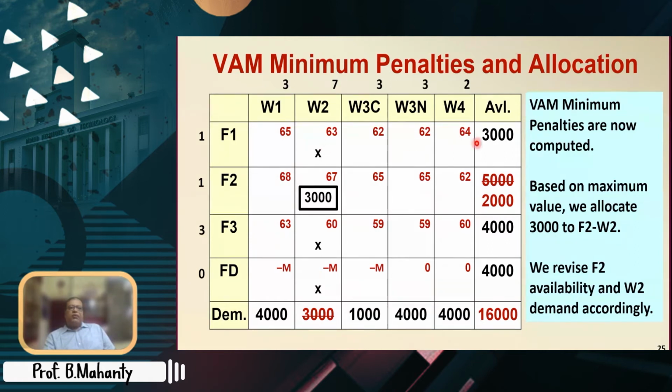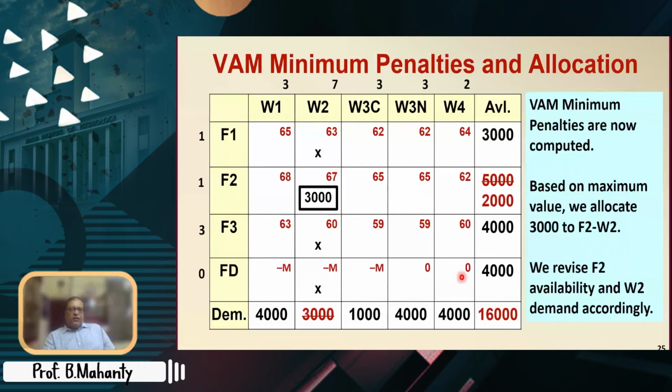So 65 minus 64, the penalty is 1. In this row, 68 is the best square and 67 is the next best, so we get 1. Here it is 63 minus 60, so 3.